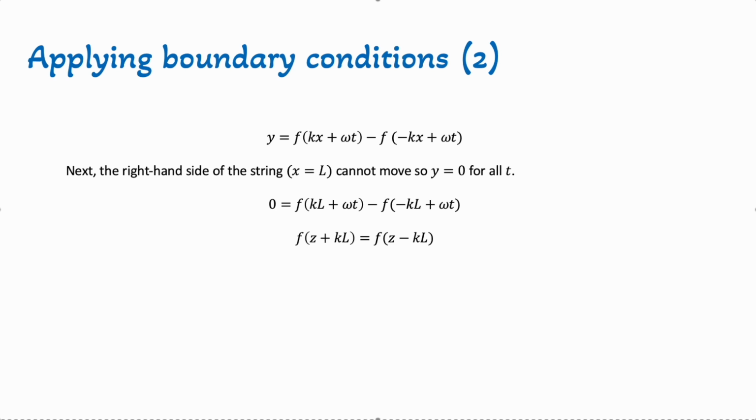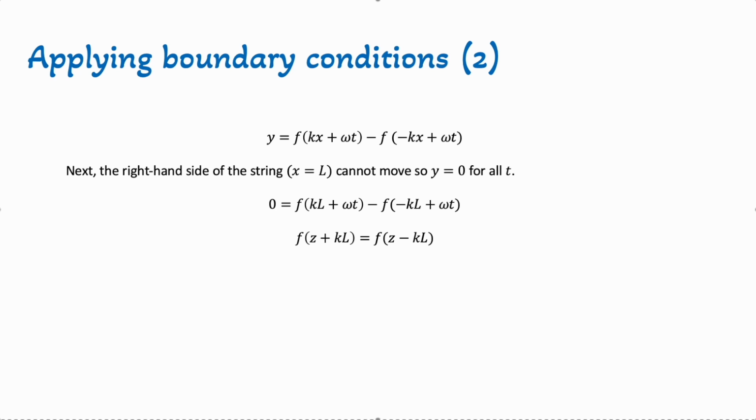Now omega t can take any value at all, because this has to be true at all times t. So it is generally true of this function that f of z plus kl is equal to f of z minus kl for all values of z.